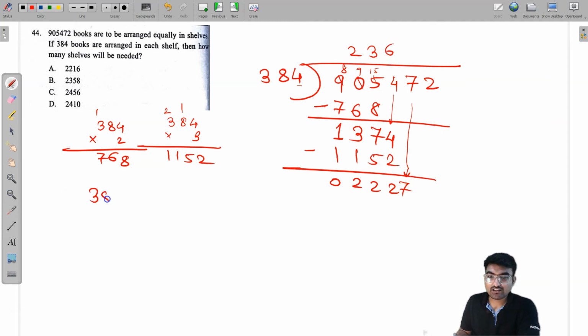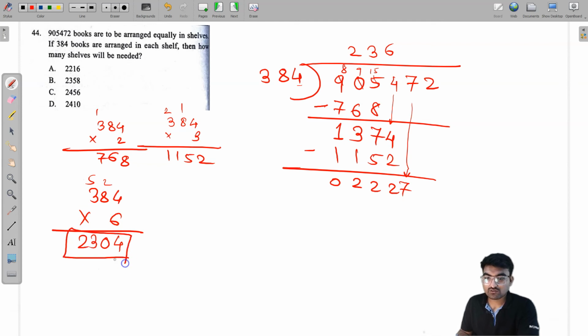So 384 into 6. Okay, let's check. 6 fours are 24, so 4 carry 2, 48 plus 2 50, so 0 carry 5, 18 plus 5 23. Okay, so 6 is also bigger, correct? So we should go with 5.